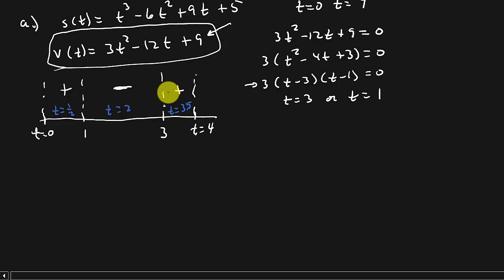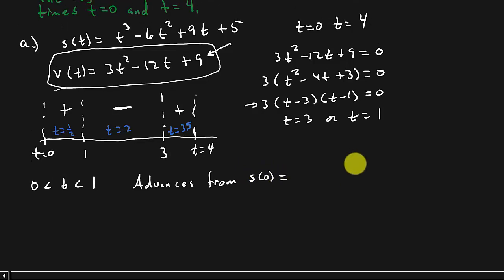So we can see that when t is between 0 and 1, it advances from s of 0. What's s of 0? If I take the 0 and plug it back into the original function, I get 5. So it's advancing from s of 0 to s of 1.